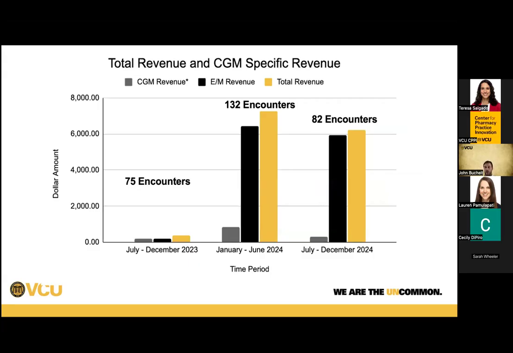So if you look at the revenue generated, again, keep in mind that Crossover only has about 20 to 25% of patients with Medicaid, and I only see a portion of those patients in my clinic. Most of our patients are still uninsured. So this really takes into account just patients with Medicaid.